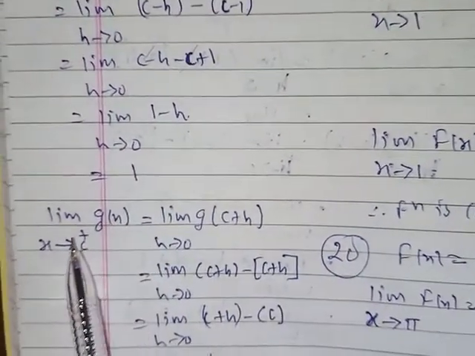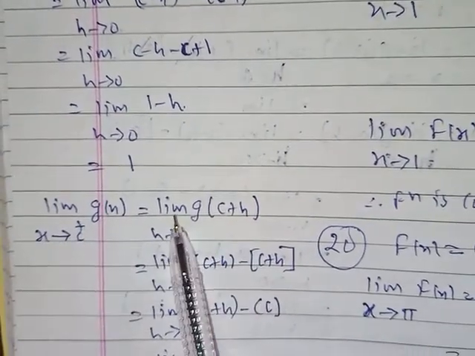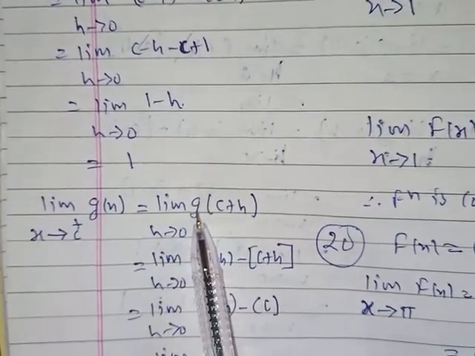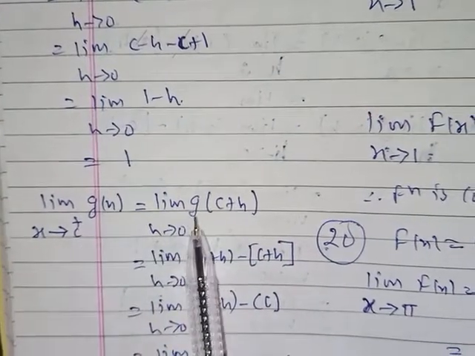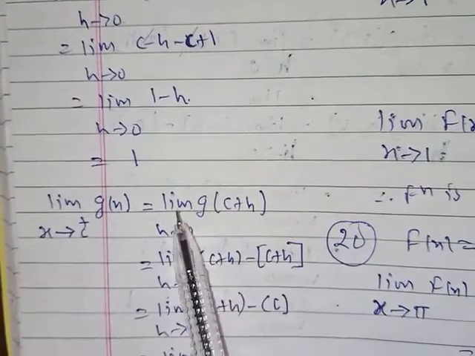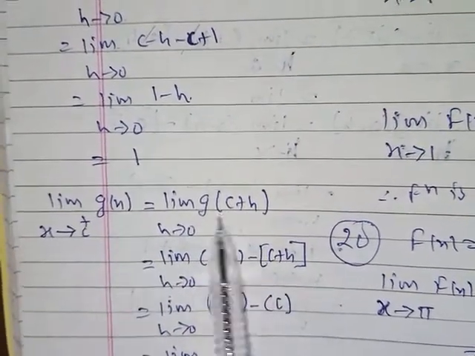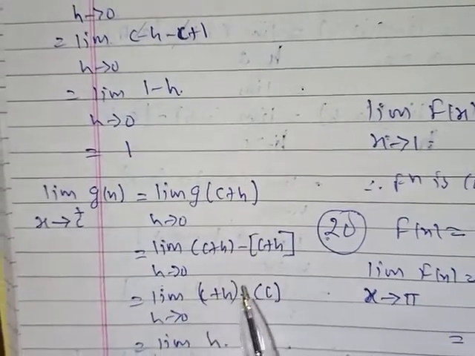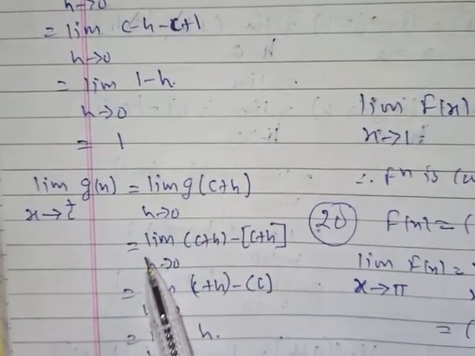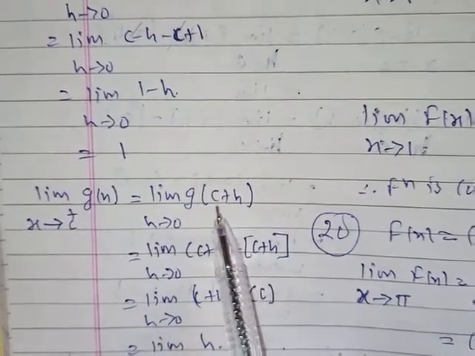Now let us check the limit x tends to c plus of g of x, which is equal to limit h tends to 0 of g of c plus h. What will be the g function? It is x minus the greatest integer less than or equal to x. So limit h tends to 0, in the bracket in place of x, we will write c plus h.